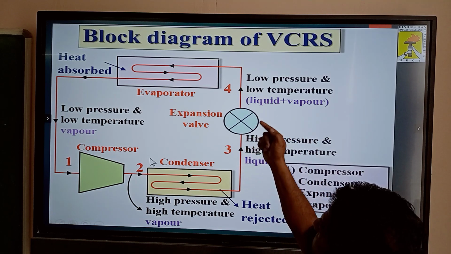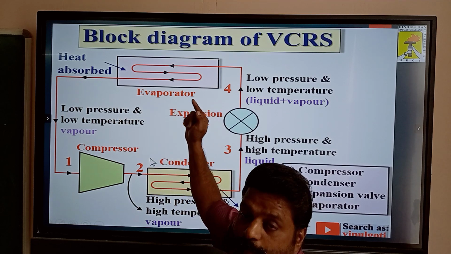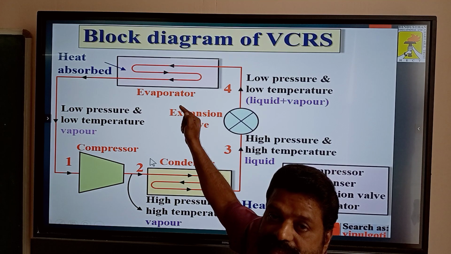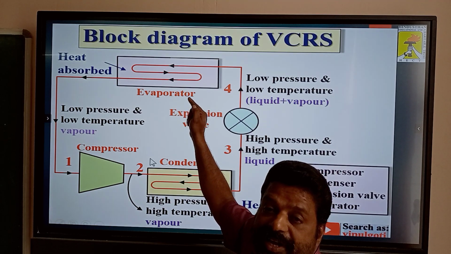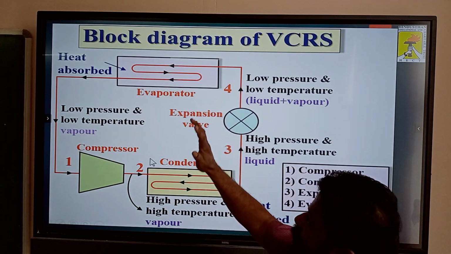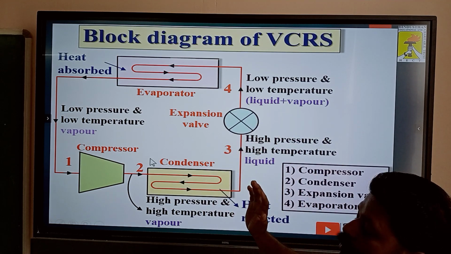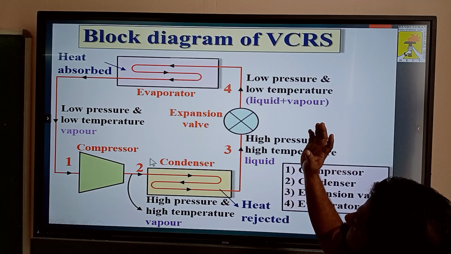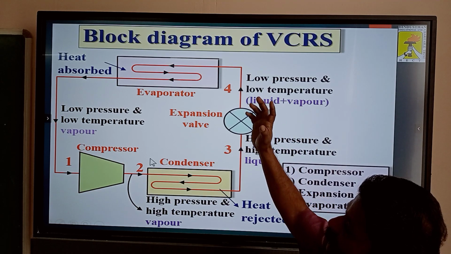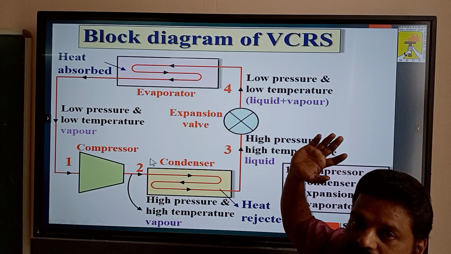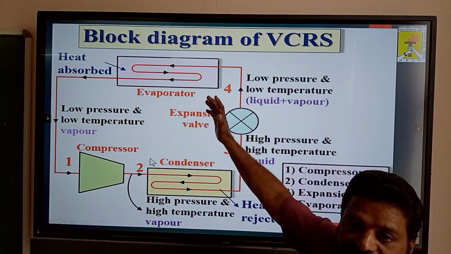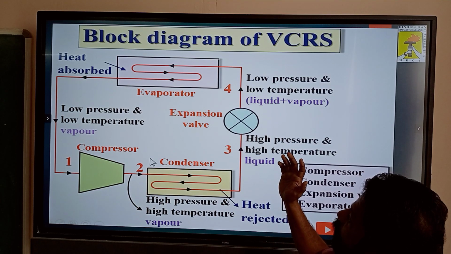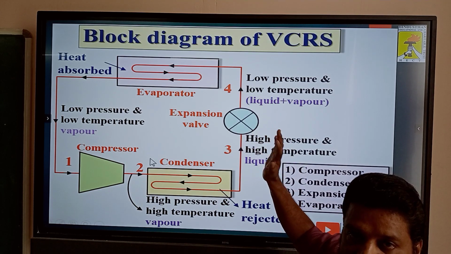The next one, 4 to 1, is called the evaporator, the evaporation process. These are the four processes: compression, condensation, expansion, and evaporation. These four processes are done in the system.